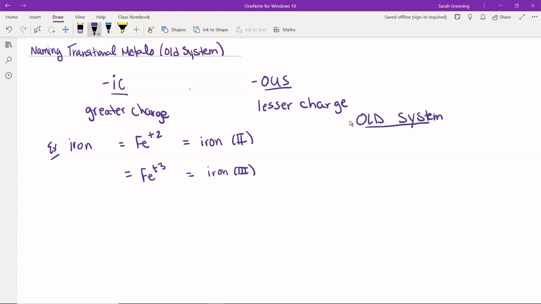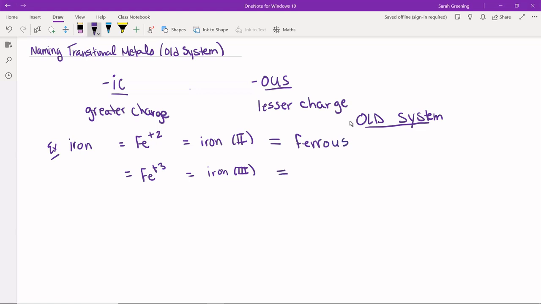However, if we were looking at the old system, where we're incorporating ic or us, we know that +2 refers to an us and it's a lesser charge. We want to use the root word ferr. And for iron with a +2 and the lesser charge, we get ferrous.